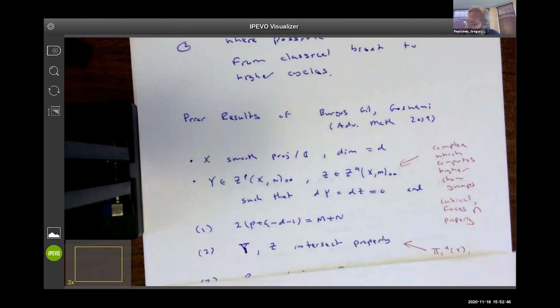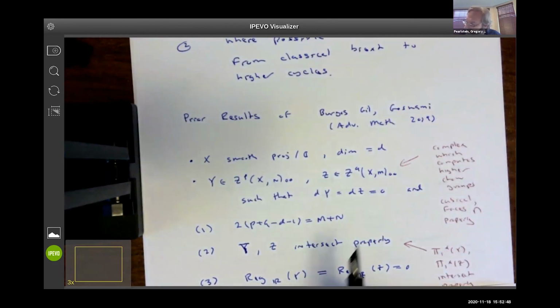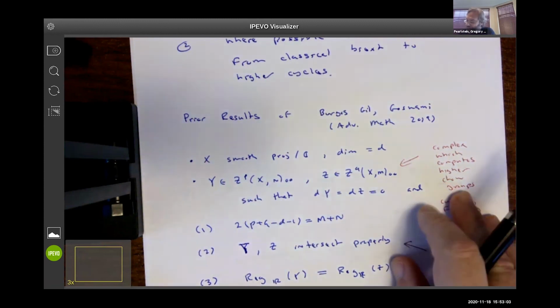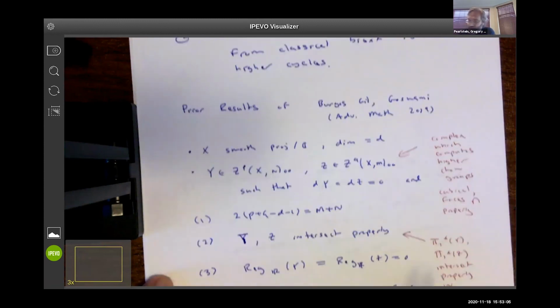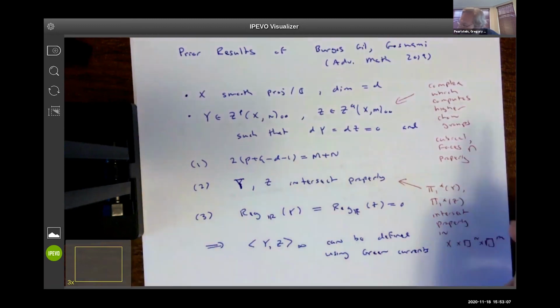And okay, now there are some conditions. I want that twice P plus Q minus D minus 1 is M plus N. And I want Y and Z to intersect properly. So maybe I should say a little bit about that.